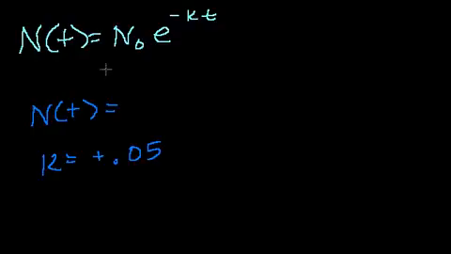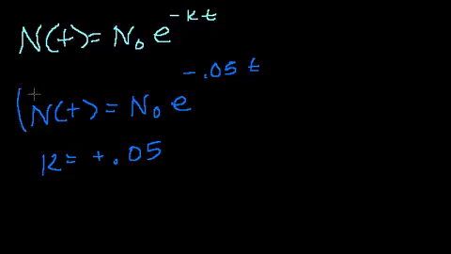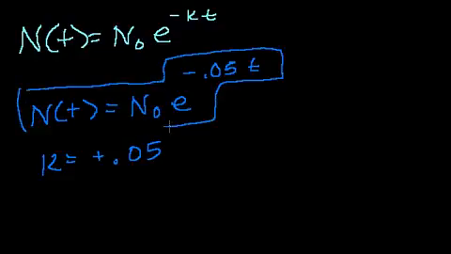So its exponential decay formula would be the amount that you start off with times e to the minus 0.05 t. My question to you is, given this, what is the half-life of the compound that we're talking about? What is the half-life?